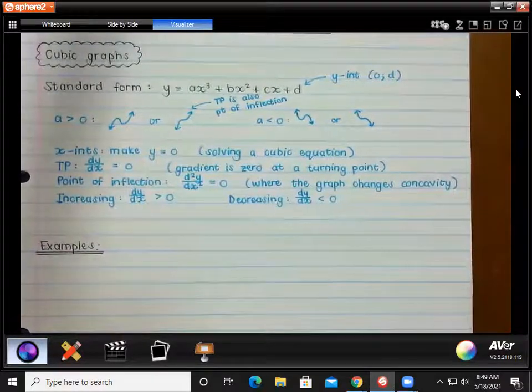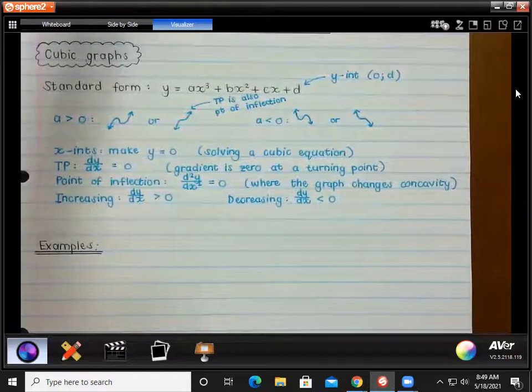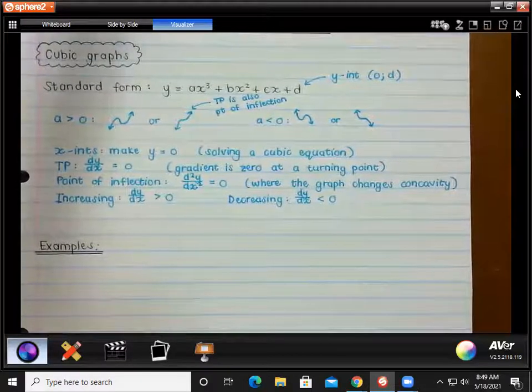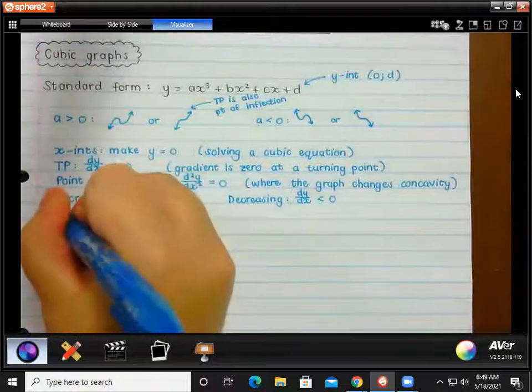So basically where the gradient is positive or where the gradient is negative. Then guys, we will look at it again in more detail when we actually have examples.